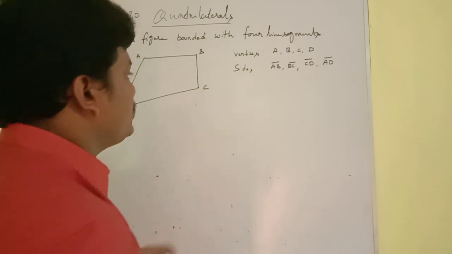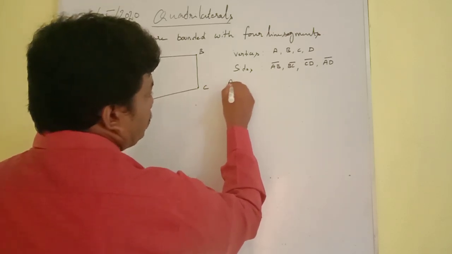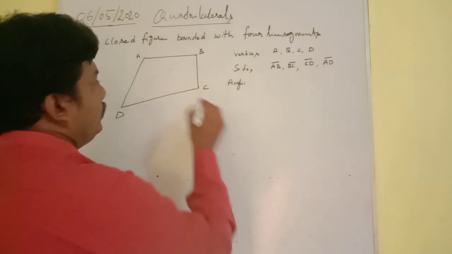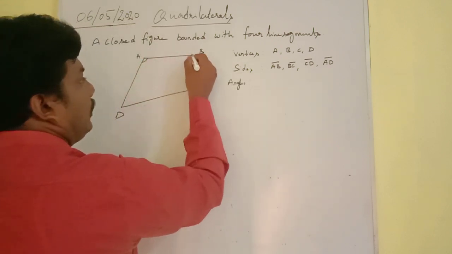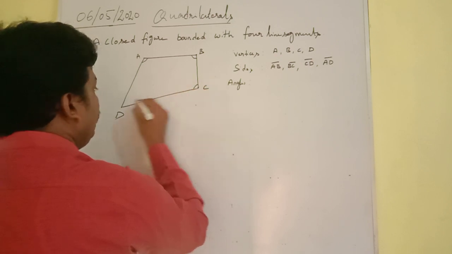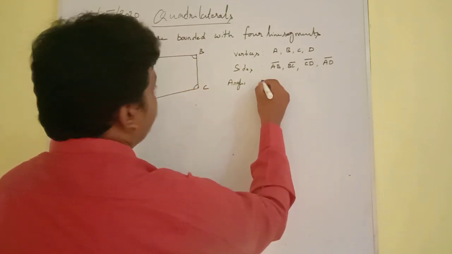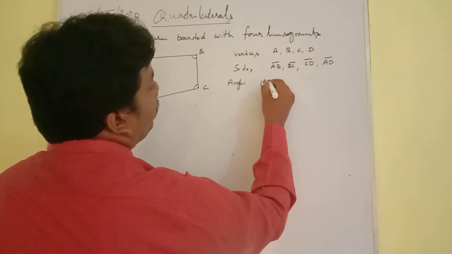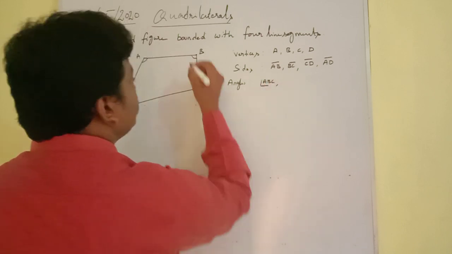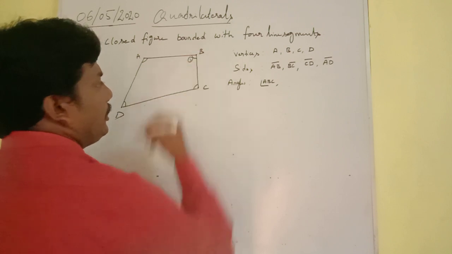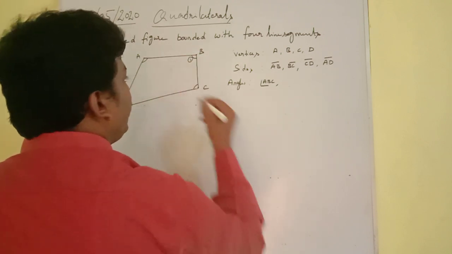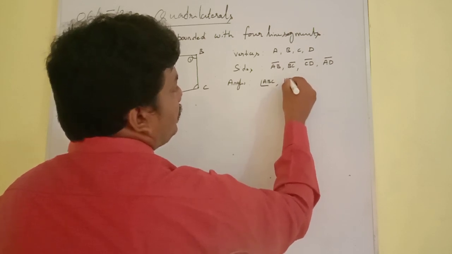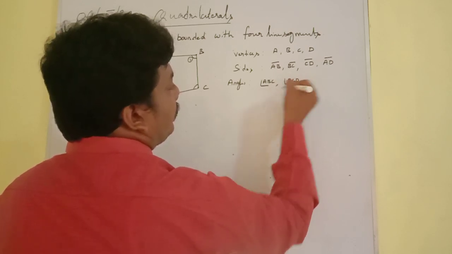Then coming to the angles of the quadrilateral. This is one angle A, this is B, this is C and this is D. Then the first angle is angle ABC. The second angle is angle BCD.